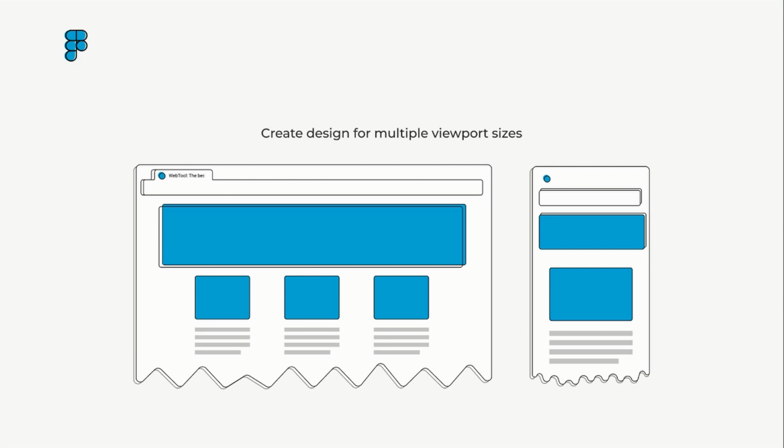Why? Because most people use a mobile device, but that always depends on the content you want to show on your website. Always think that it's going to be visited on a mobile device.